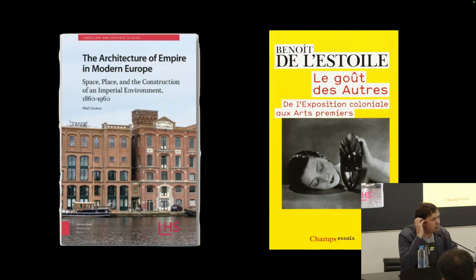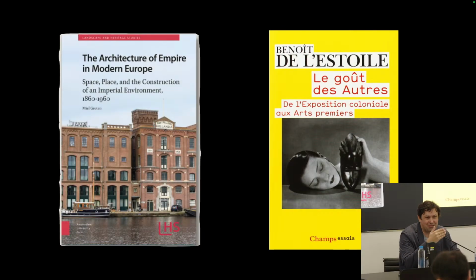This book takes the 1931 colonial exhibition in Paris, and the creation of the colonial museum in the early 1930s, as a starting point for a discussion that reflects on this interplay between colonial visions and anthropology and ethnography.